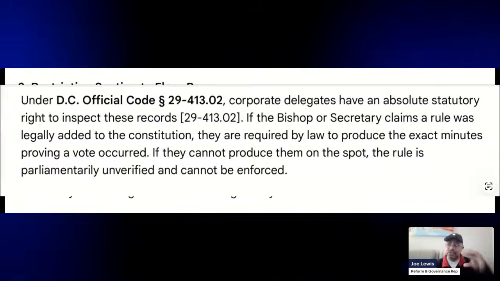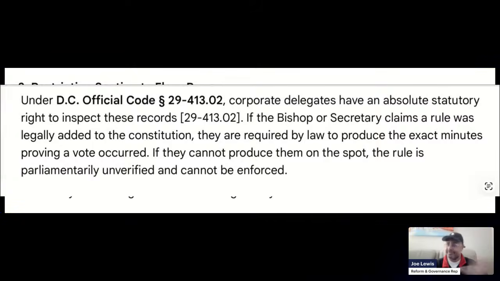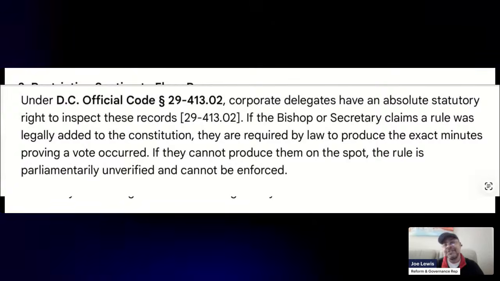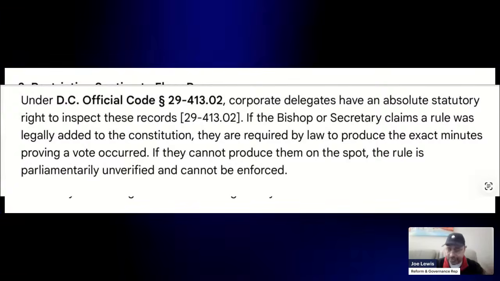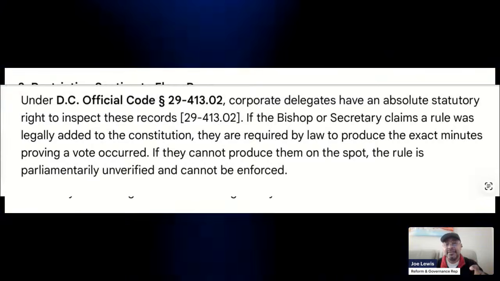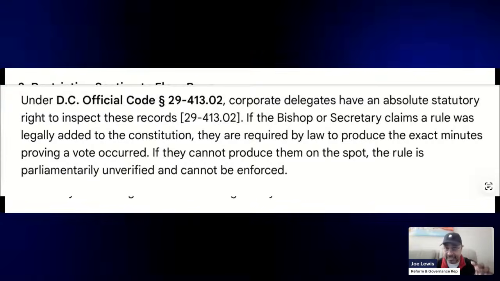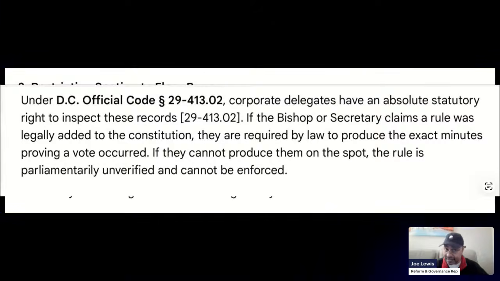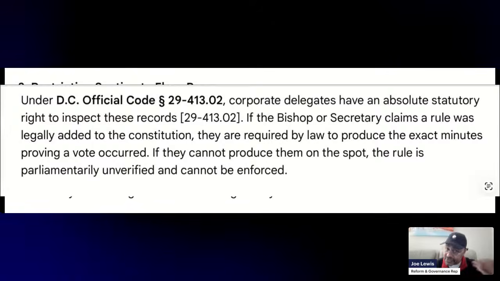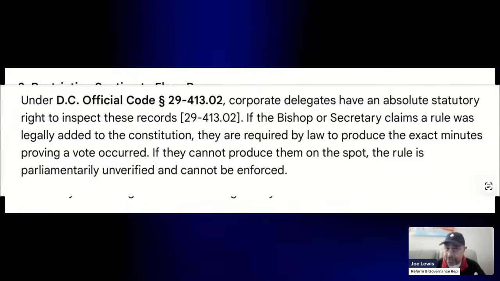Now, you may say, but wait a minute, we did vote. You can also attach due process. It did not go through due process, because what was the vote? If you look at the minutes, the vote that was conducted was to allow the members of the General Assembly to indeed vote.